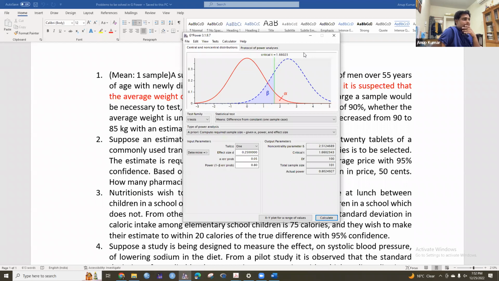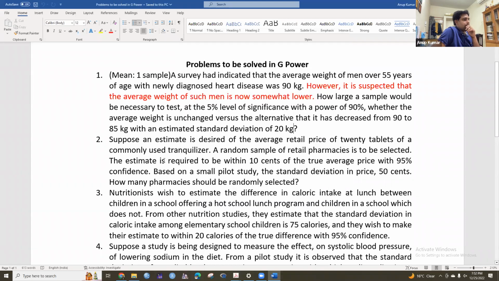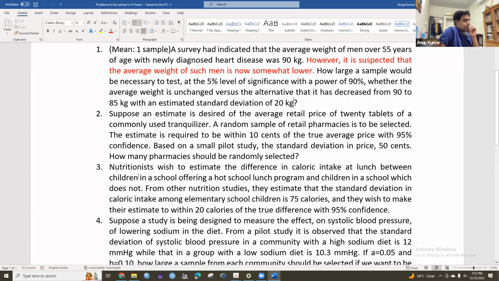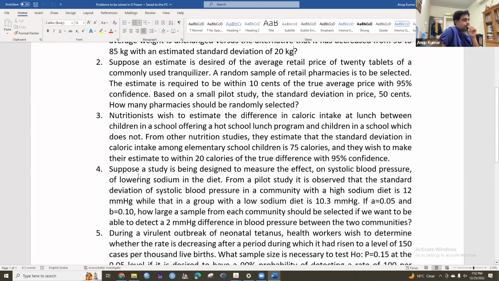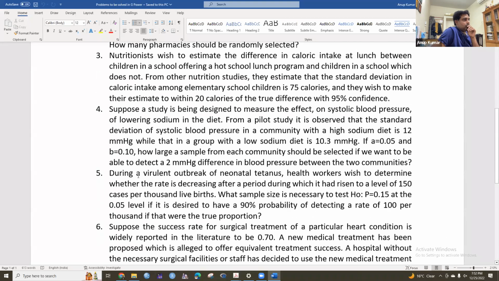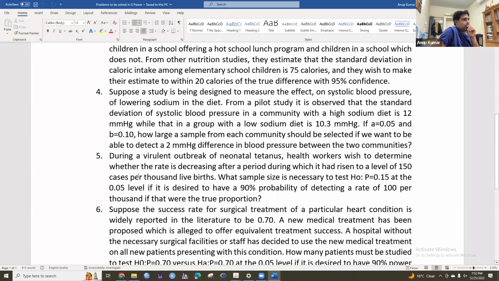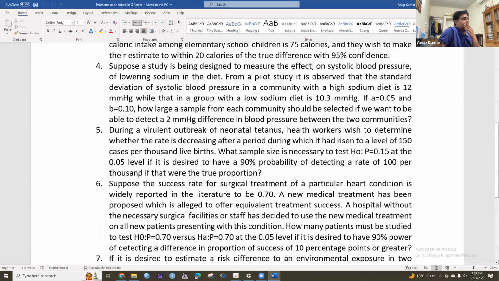This is G*Power. Similarly, if I take one more example, this problem number 5.